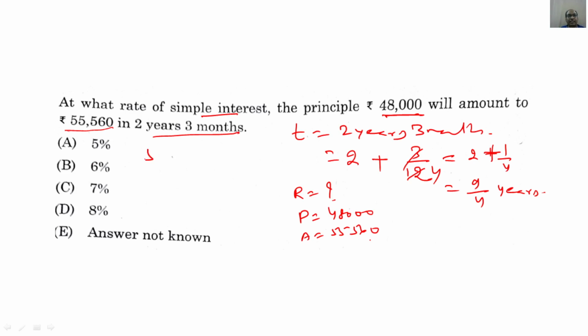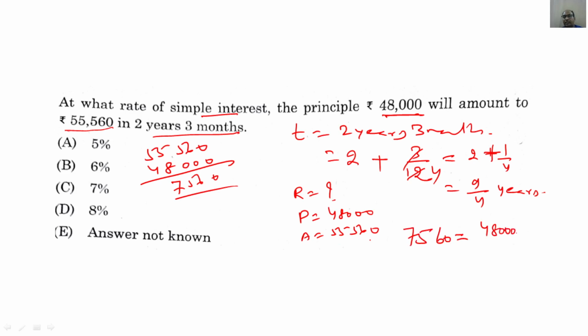Interest is 55,560 minus 48,000, so 7560. Okay, so simple interest formula, 7560 is equal to principal 48,000 into R, we do not know, into T, that is 9 by 4 years, divided by 100.